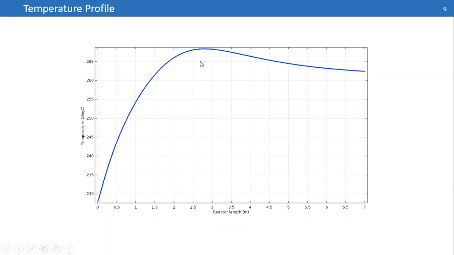So we have a peak here. After this length, the rate of reaction is going to decrease, but this peak is related to the reaction rate at a specific length of the reactor.